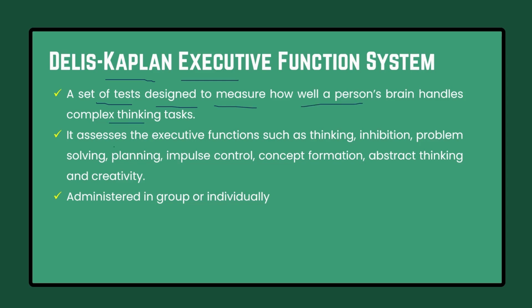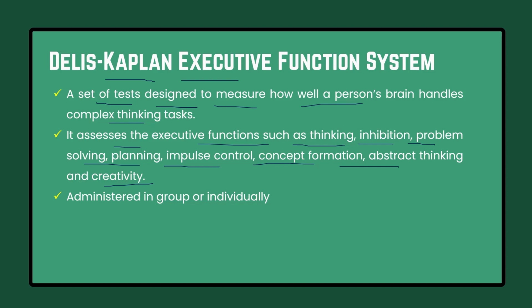Okay. It assesses the executive functions such as thinking, inhibition, problem solving, planning, impulse control, concept formation, abstract thinking, and creativity. So these are the executive functions tested by the Delis-Kaplan Executive Function System.